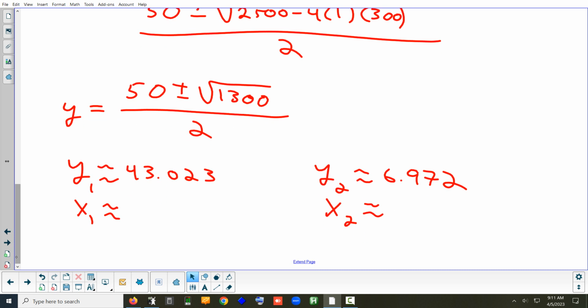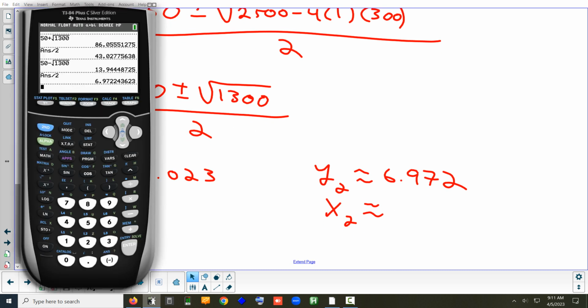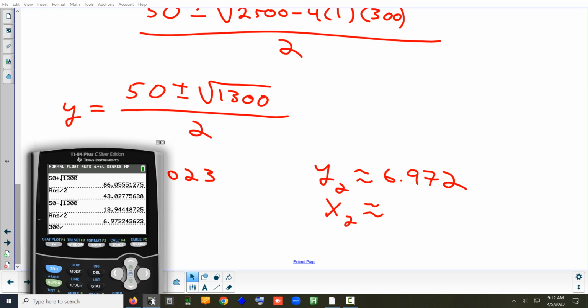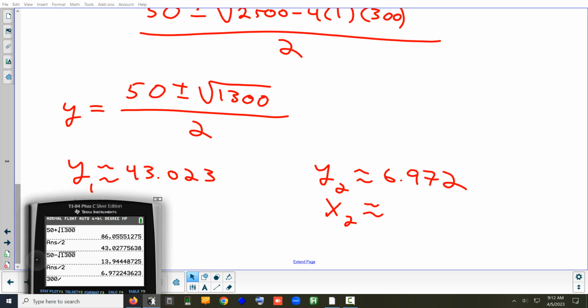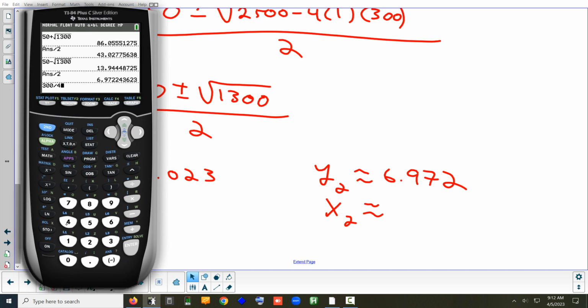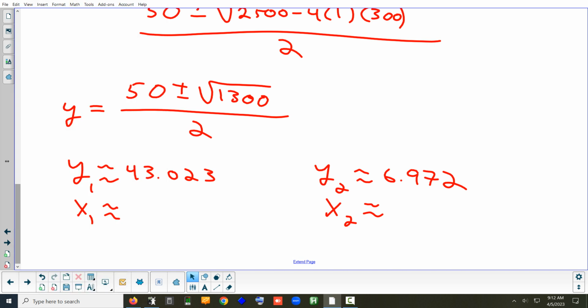Let's do it. 300 divided by 43.023. I got 6.973. And now we have to find x2.